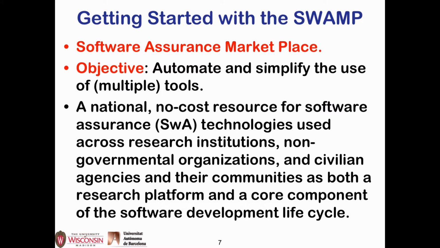As with any software assurance tool, we strongly recommend that you use it throughout the entire software development lifecycle. This means you should be assessing your code from the first moment that you start writing it, through each update and release. The SWAMP project called this idea continuous assurance.